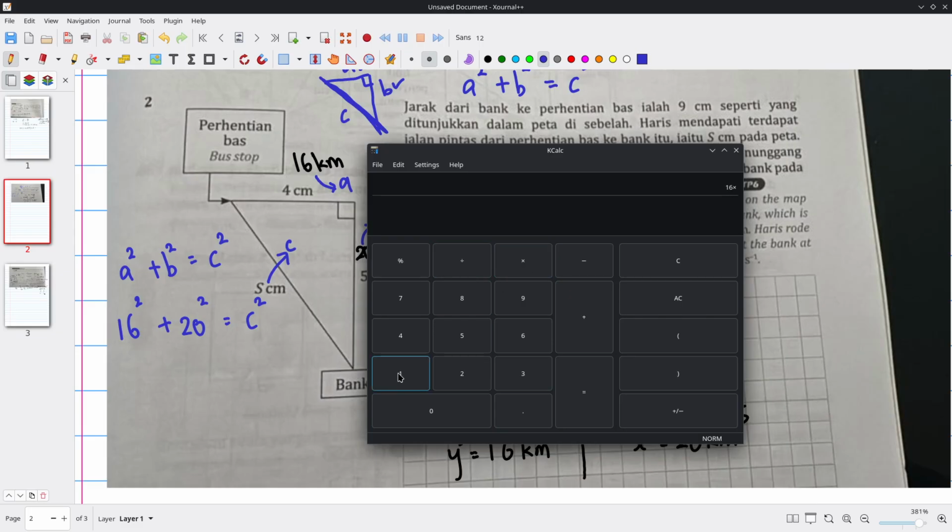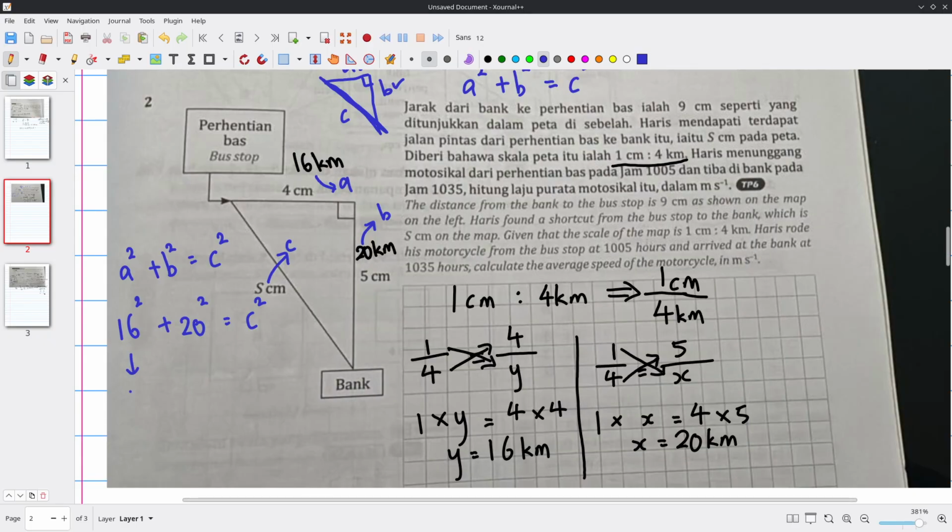Jadi 16 square is 256 lah. Okay, and then plus 20 square is equivalent to 400 lah, and then equals to C square. Alright, so kalau cikgu campur dua nilai ni, cikgu akan dapat 656 equivalent to C square.